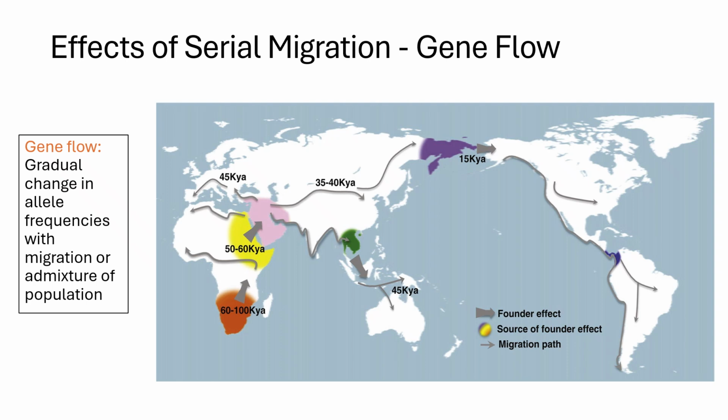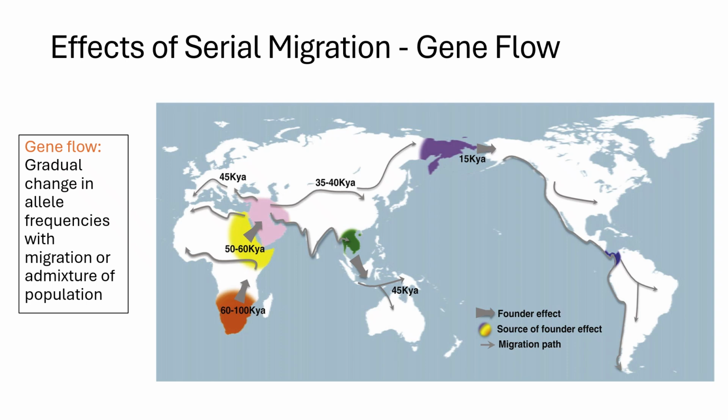So this is what happens with serial migration, a concept called gene flow. Gene flow is a gradual change in allele frequencies with migration or admixture of populations. So as migration of big populations has occurred, if a particular gene variation was present in that population, it gets carried over to the other populations as well.